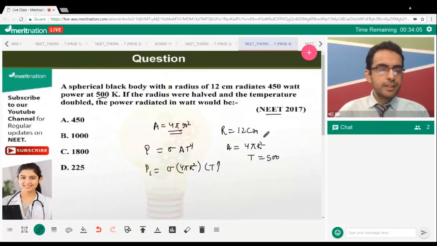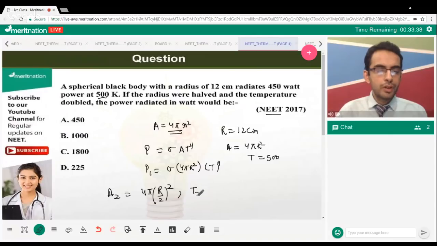Now next thing is we have to find the power radiated in the next case when the radius is halved and the temperature is doubled. So now for P2 we can say A2 is equal to 4 pi. Now radius is halved, so it becomes R by 2, so 4 pi into (R by 2) square. And temperature becomes how much?